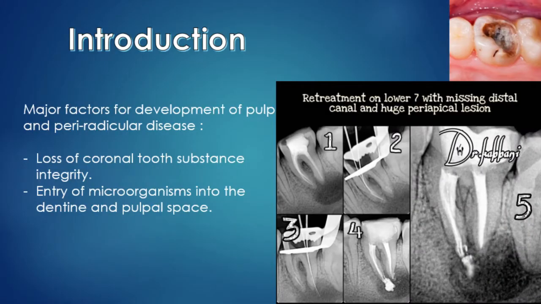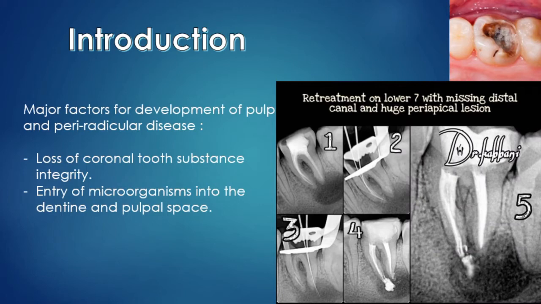So in the beginning, let me ask you, what are the major factors for development of pulp and periradicular diseases? First of all, caries or loss of coronal tooth substance integrity. Number two, leakage of bacteria or entry of microorganisms into the dentin and pulpal spaces.